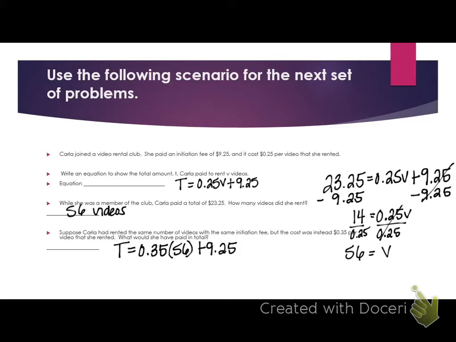So 35 cents times 56 videos is $19.60. And you add that to her $9.25 initiation fee to get a total of $28.85.